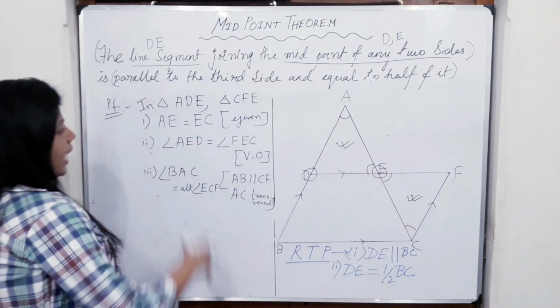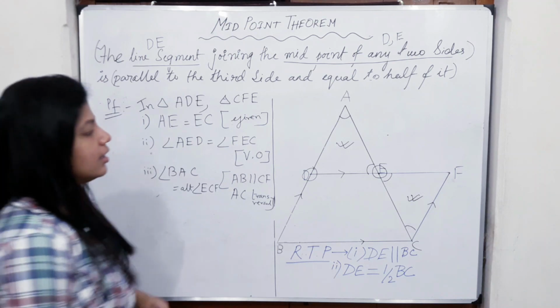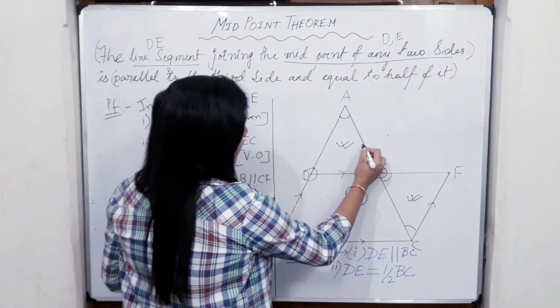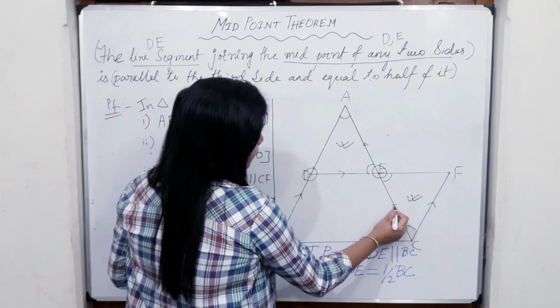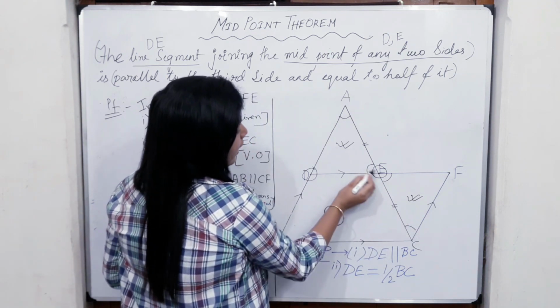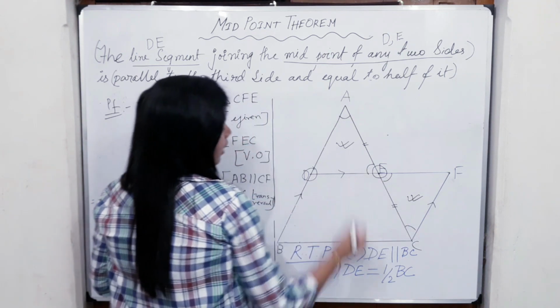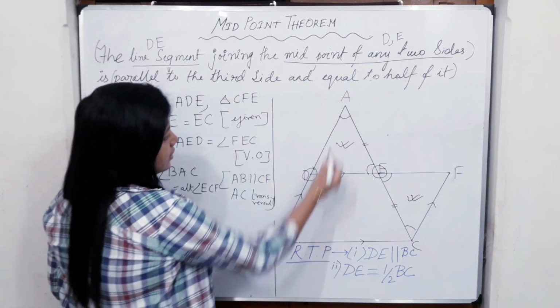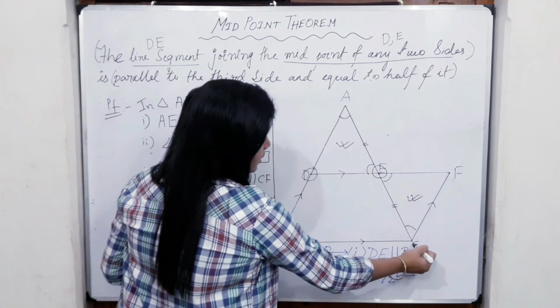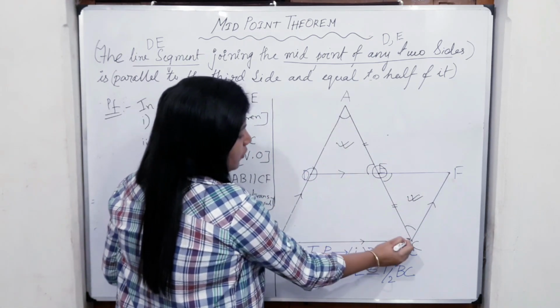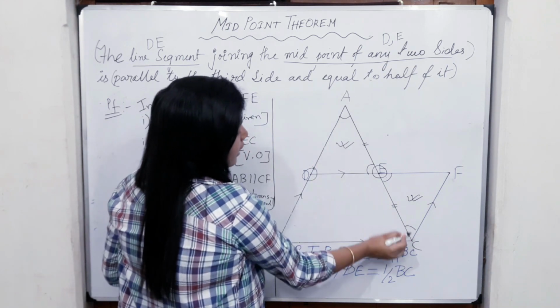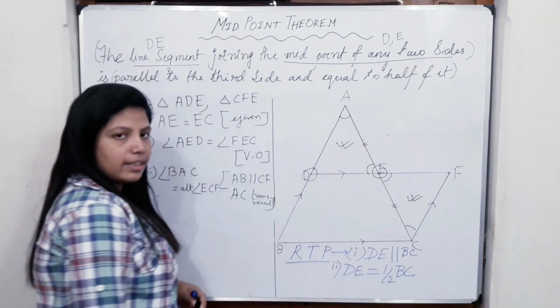So already I have obtained 3 points from here. Number 1, AE equals EC. Number 2, vertically opposite angles are equal. And number 3, since this is parallel to this, AC is a transversal here, so these two angles are alternate angles.